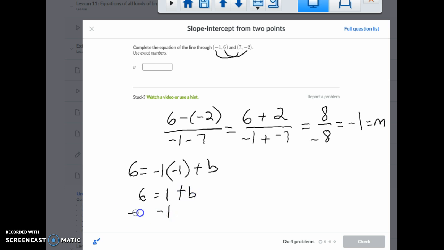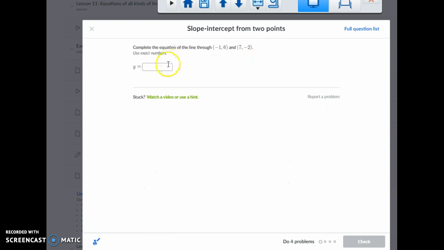Subtract 1 from each side, so 5 is going to equal b. So in y equals mx plus b, we have y equals negative 1x plus 5, because that's our b. So let's type that in. Negative 1x plus 5. Okay? So there's a couple examples of those two.